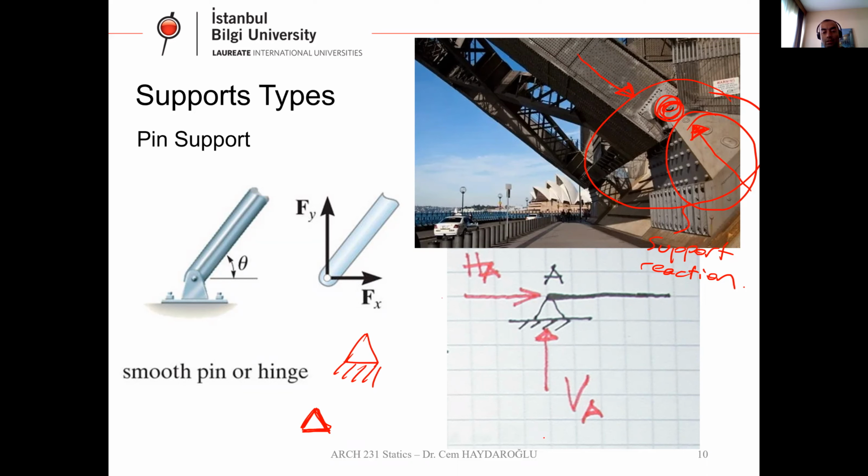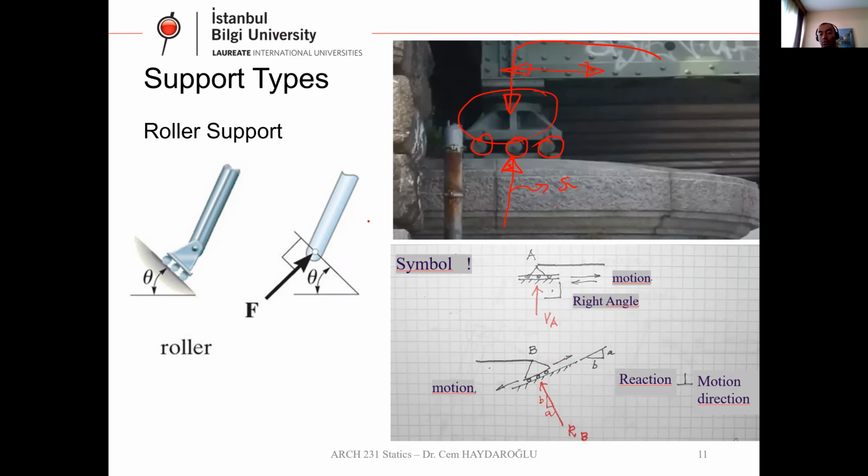But all the weight, the vertical loads, goes from the bottom to the foundation, and this foundation gives back a reaction, as you can see here. This is the support reaction for roller support.